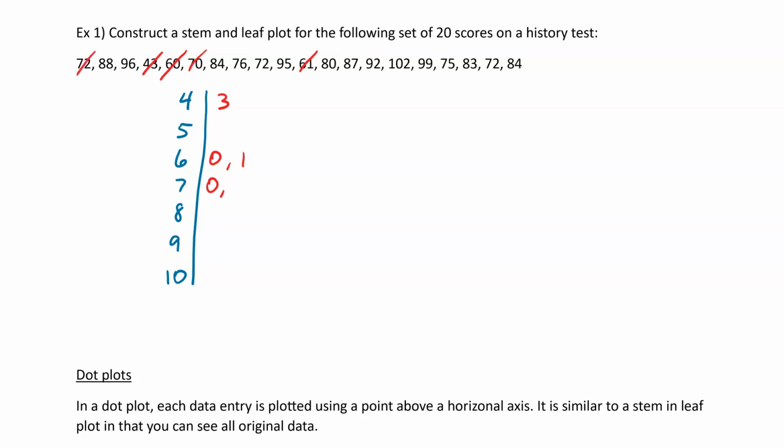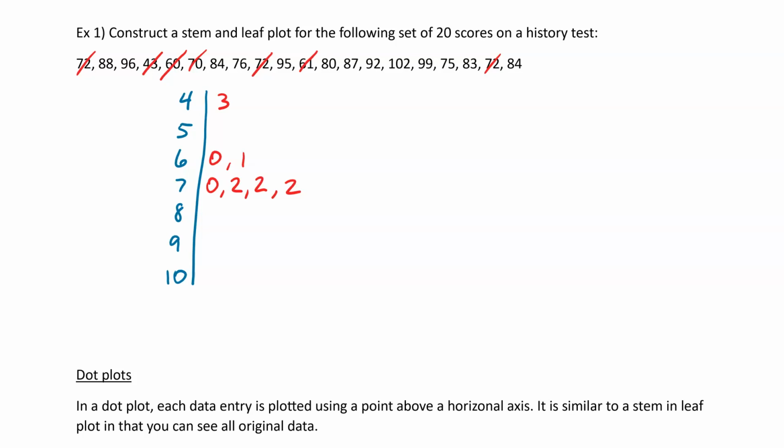There's a 72 right here, there's a 72 right there, so I'm going to put another 2. There's yet another 72 down there. That's all the 72s. We list out those 2s multiple times since there were multiple 72s.